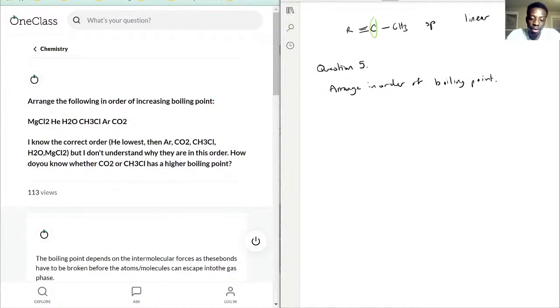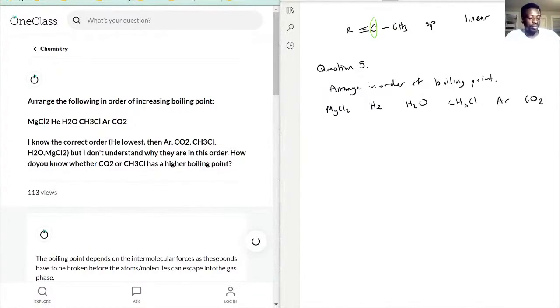We have magnesium chloride, helium, water, methyl chloride. Let me just think about that actually. Chloromethane is probably what that is. Yeah, that makes more sense to me. Argon and carbon dioxide. So that's a lot of them.